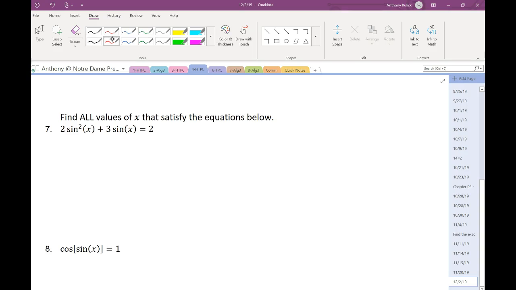Okay. So, when I look at number 7, this to me looks like a quadratic. So to solve the quadratic, it's got to be equal to 0. So the first thing I'm going to do is subtract 2 from both sides.